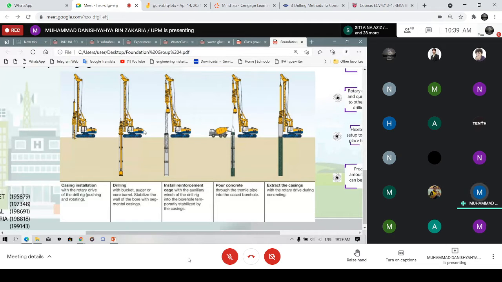The third is to install the reinforcement cage with the auxiliary winch of the drill rig into the borehole, temporarily stabilized by the casing. The fourth is to pour concrete through the tremie pipe into the cased borehole. The last is to extract the casing with the rotary drive during concreting. That's all from us.